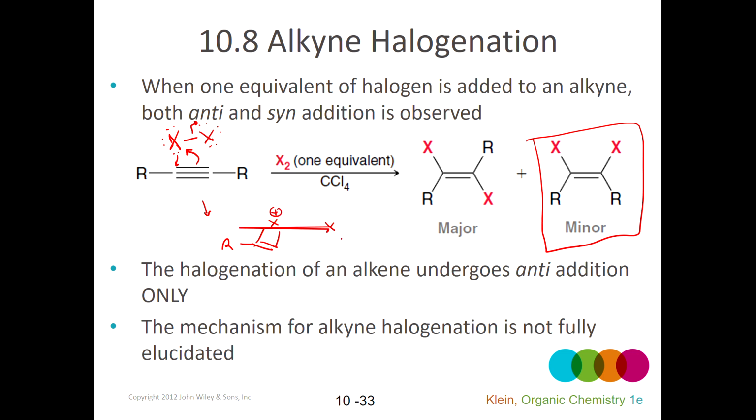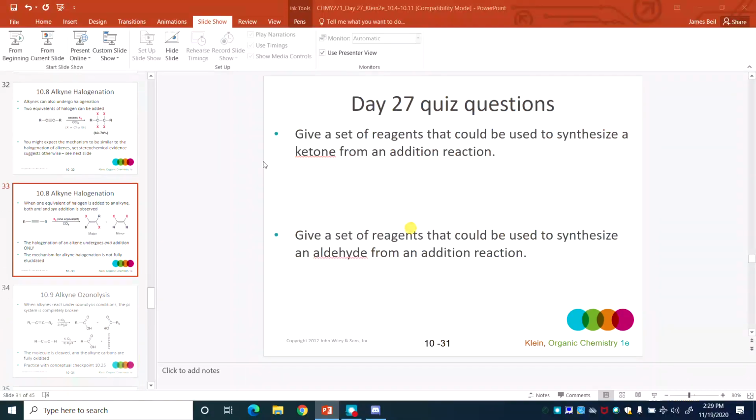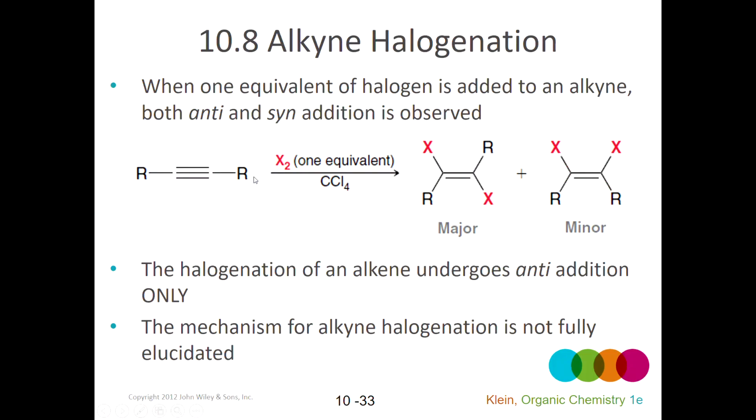And then if that happened, that 3-membered ring, if that happened, then the other X group that left would have to come in from the opposite side, right? That's why we always get anti-addition.